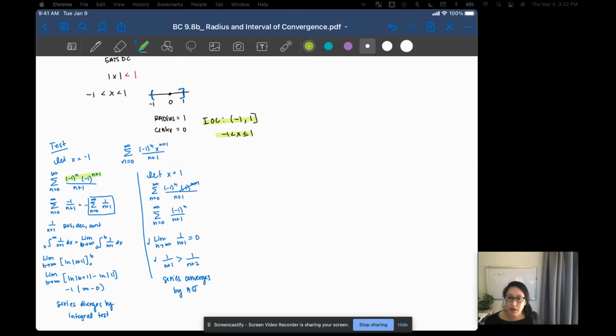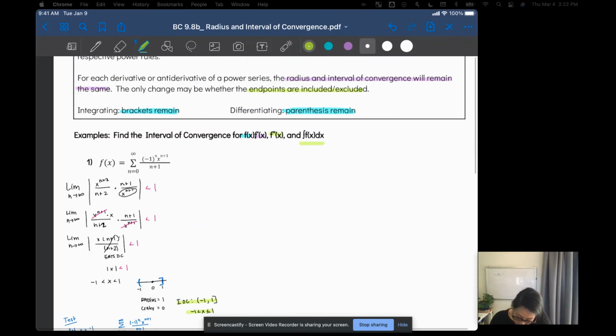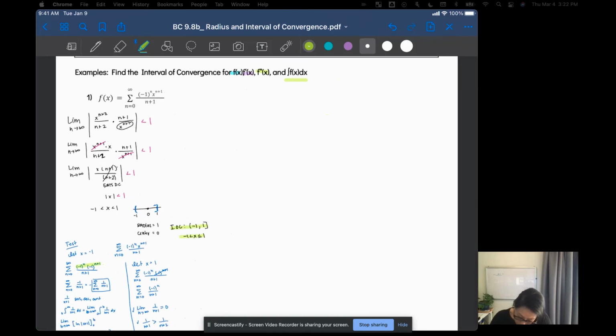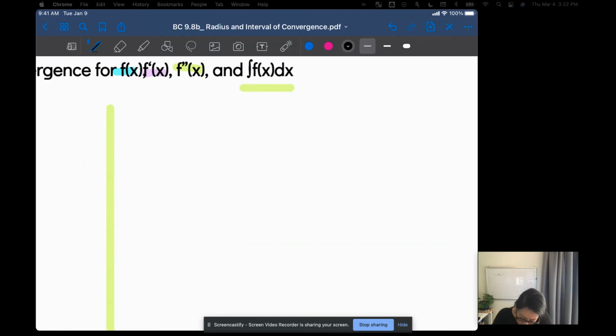Now we need to find the interval of convergence for f prime of x, f double prime of x, and the integral of f of x. Okay, so I'm just going to draw a line right there. So f of x is equal to the sum of n equals 0 to infinity of negative 1 to the n times x to the n plus 1 all over n plus 1.